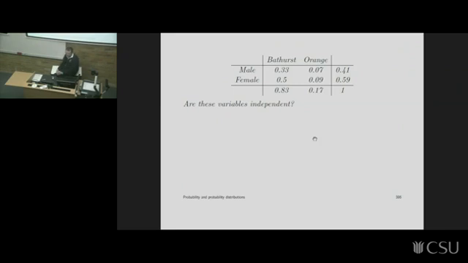But anyway, you might want to ask various questions with this sort of data. You might want to ask, well, what proportion of the Bathurst campus are female, etc., which is a conditional probability, which we did do already. But the other question is, well, are the two variables independent? Which is another way of saying, is the gender ratio at the Bathurst campus and the gender ratio at the Orange campus the same or not?